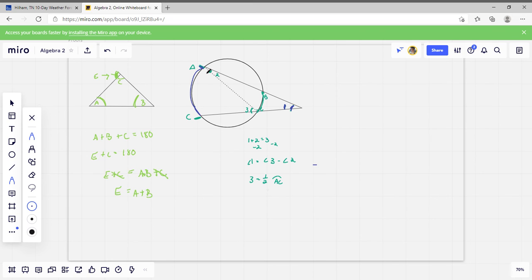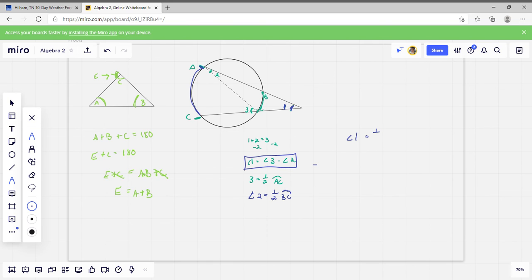All right, so that means that angle 2 equals 1/2 of arc BC. All right. So we've got right here angle 1 equals angle 3 minus angle 2.